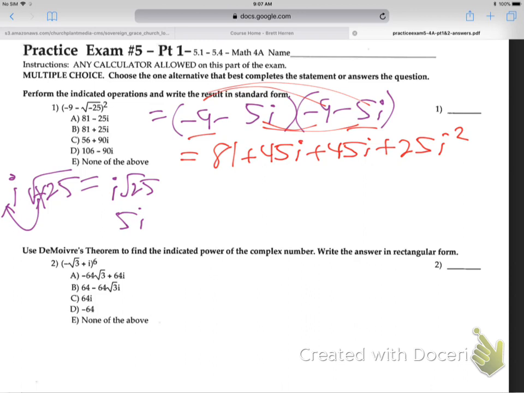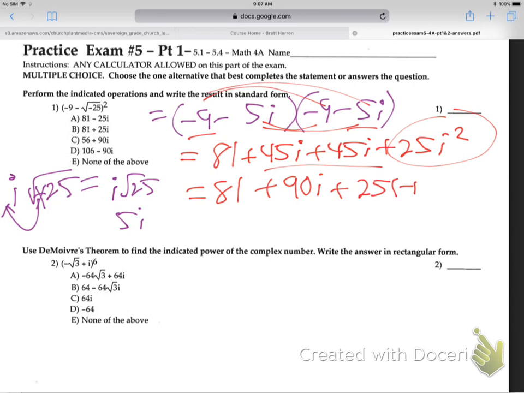And then 45i, 90i. And then what is 25i squared? What do we always do with i squared? That's -1. Yeah, exactly. So the i squared becomes -1. Regular i stays regular i. Nothing weird happens there. But i squared is -1.